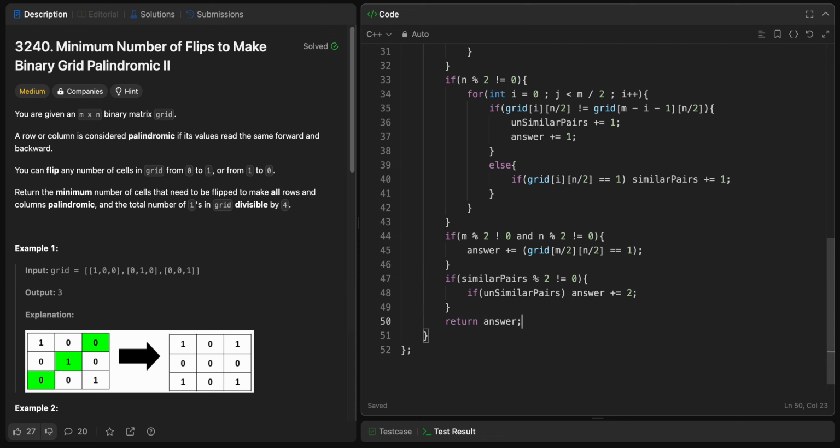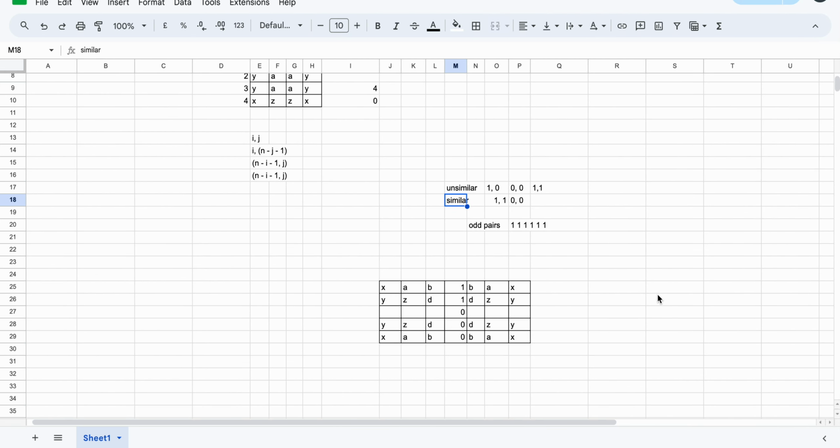And why do we not need this if unsimilar pairs are greater than 1? The reason is simple. If my unsimilar pairs are already greater than 1 and my similar pairs are 3, for example, see, my similar pairs are 3, 1 1, 1 1, my similar pairs of ones are three similar pairs, 1 1 and again 1 1.